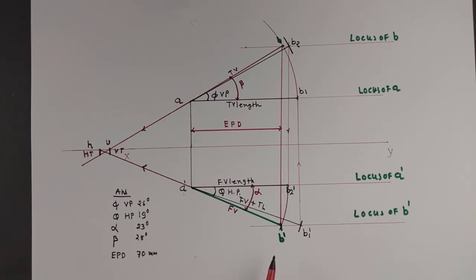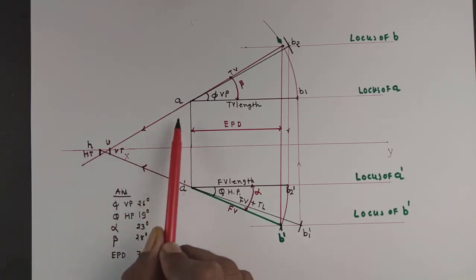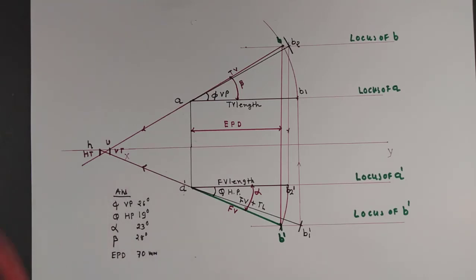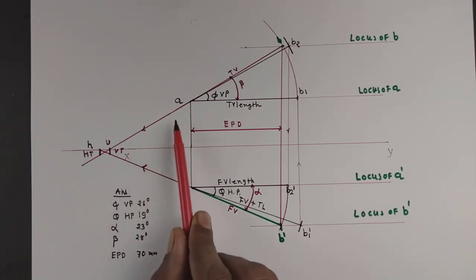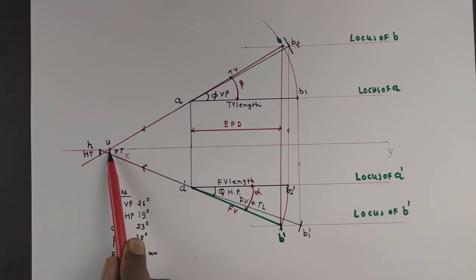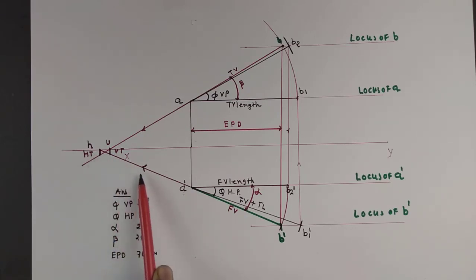Again I am repeating, for horizontal trace we extend our elevation. It cuts the XY line where we mark the H point. From the H point we draw the perpendicular line on plan, that is HT. Whenever your plan line is inclined, it cuts the XY line. Here you can mark your V point, and from the V point you can draw the perpendicular line on your extension of elevation, that is your vertical trace.